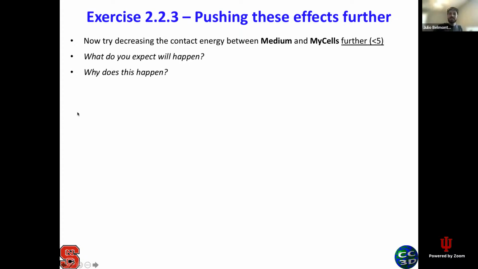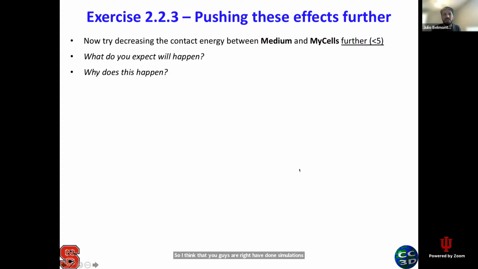In those exercises, it's very important that you first think about what would happen, and then you do the simulation to see what happens, okay? Because that sharpens your intuition about what should happen in COMCELL, or the cellular Potts GGH methodology. I think you have already done the simulations.